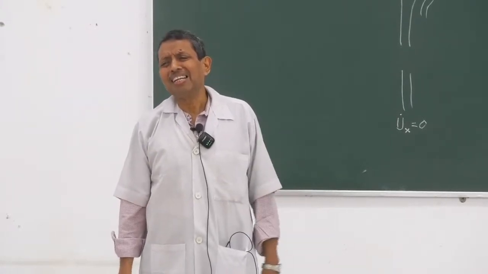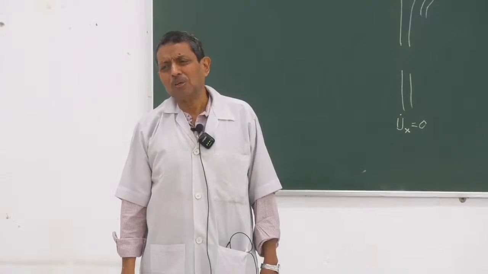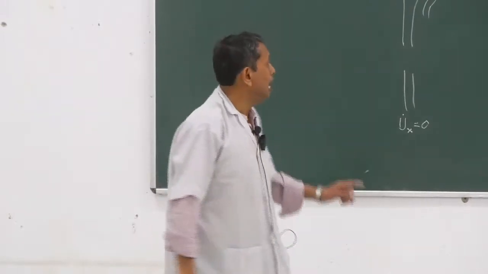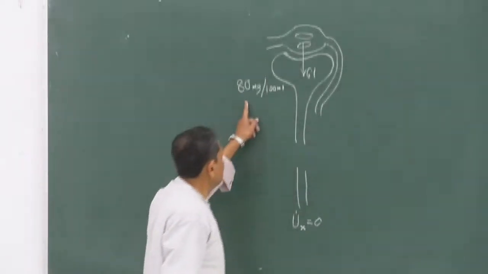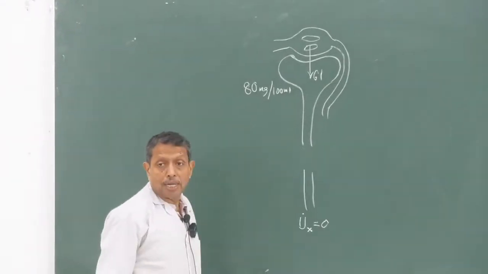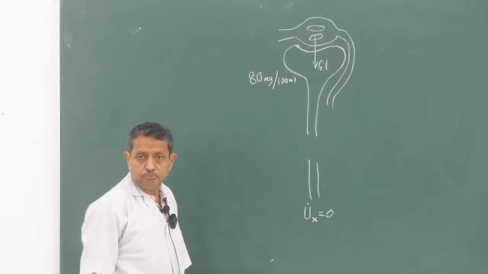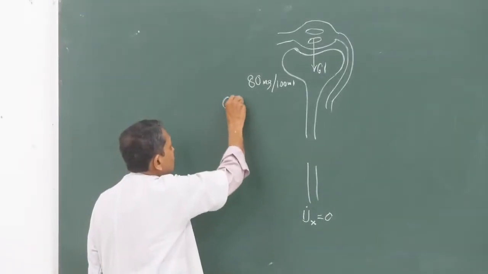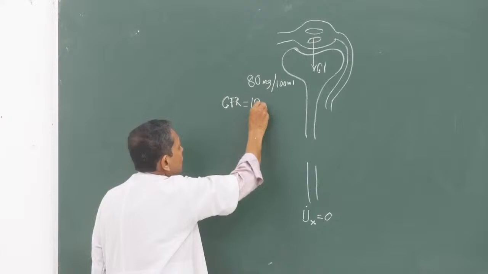You have learned in detail in biochemistry or in physiology text. I am not going into that. Suppose a normal individual has a plasma glucose concentration of 80 milligram per deciliter or 100 ml, and GFR is equal to 125 ml.